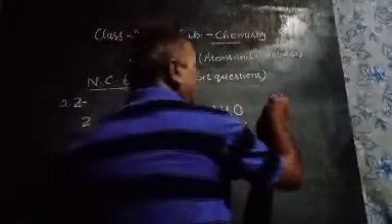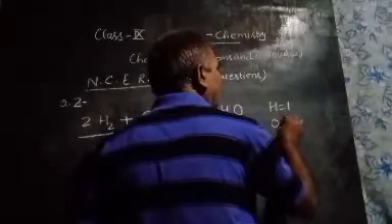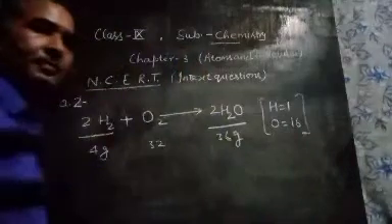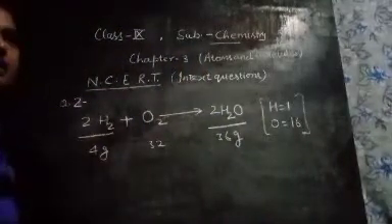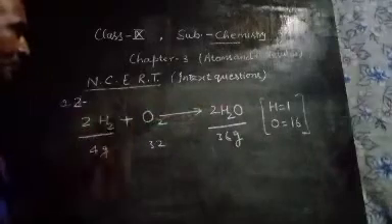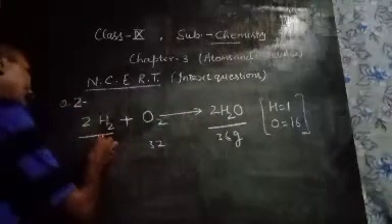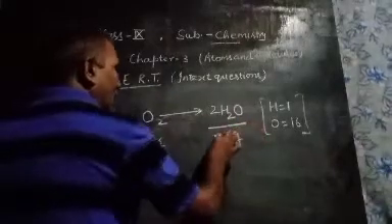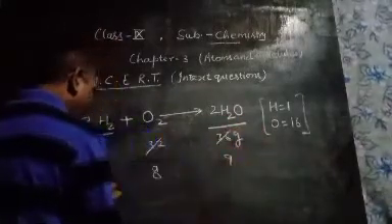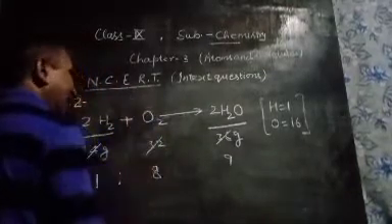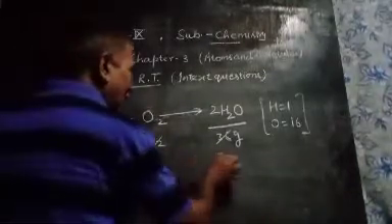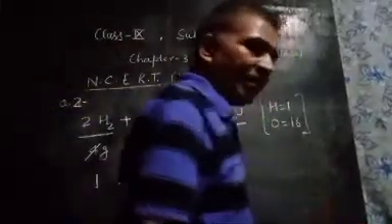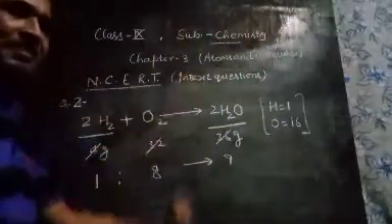The atomic mass of hydrogen is 1 and the atomic mass of oxygen is 16. These are the atomic masses given. You can cancel: 4 ones are 4, 4 eights are 32, and 4 nines are 36. What is the ratio? 1:8, and you are obtaining 9 gram of water. Write down your equation on your blackboard.